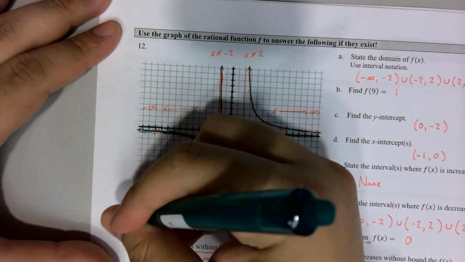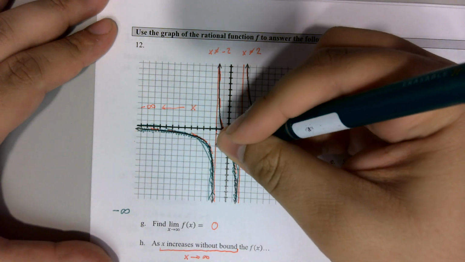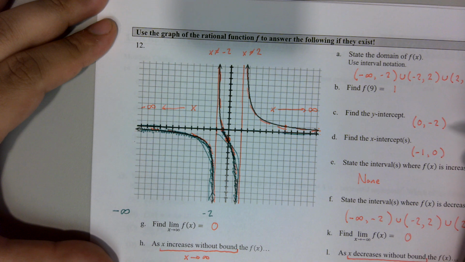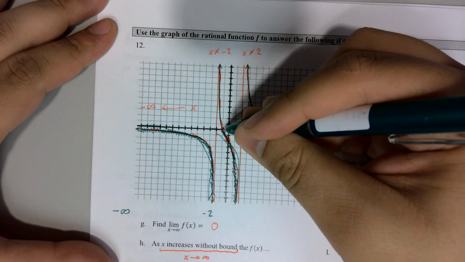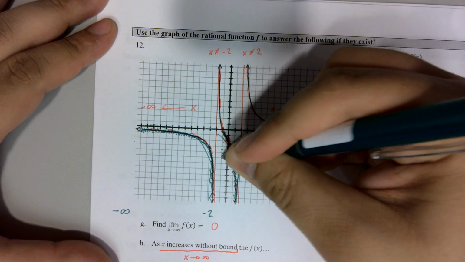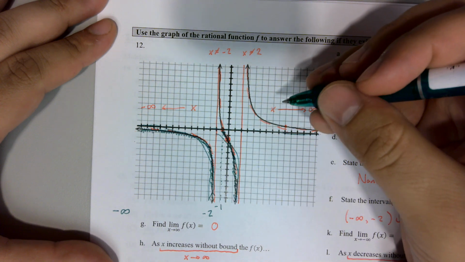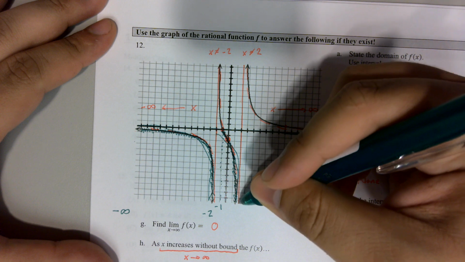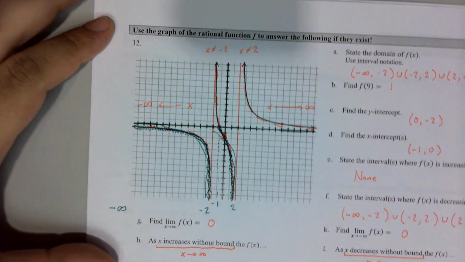Well, this starts all the way at negative infinity, and it goes all the way to the asymptote right here, which is at negative 2. And then it dips below again right at this point. Well, this point is right at negative 1, where x is equal to negative 1, and it stays below all the way until the other vertical asymptote at positive 2.